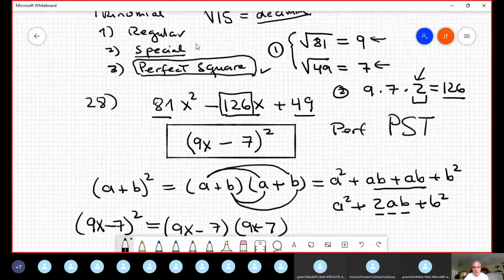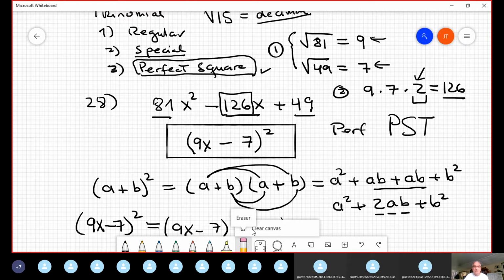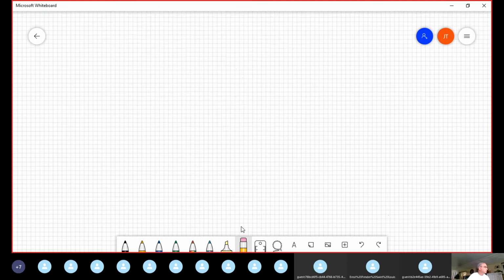Now remember, we have 3 kinds of trinomial: regular, special, and perfect square. And identification is important because it brings me the advantage of selection. The technique we use is different in each case.